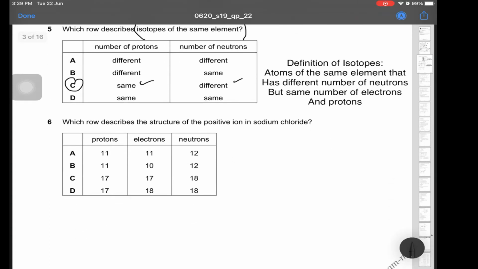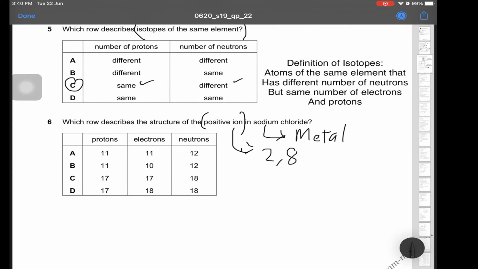Now, for question number 6, which row describes the structure of the positive ion in sodium chloride? Normally, only metals will form positive ions, which in this case is sodium, which is a metal. Normally, a positive ion is formed by losing electrons to reach a stable noble gas configuration. Since sodium has 11 electrons, it will lose 1 electron to form a positive ion.